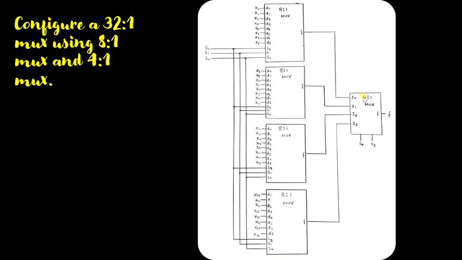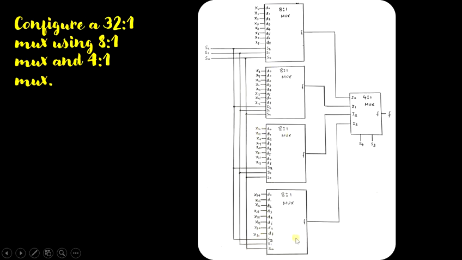You will require 4 8:1 mux and a single 4:1 mux to give you an output F. So you can see that the 8:1 mux will give you the data lines from 0 to 7, 8 to 15. So this becomes totally 16 data lines here. Again 16 to 23 and 24 to 31.